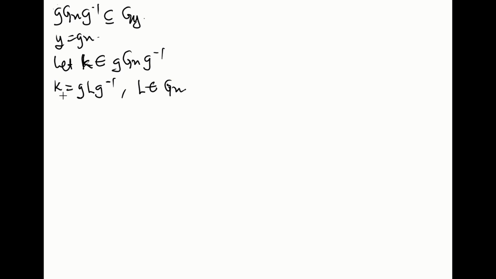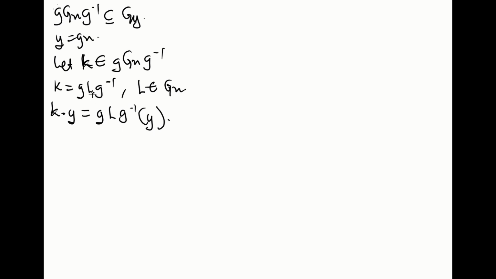So let's try to compose our k with y. Our k composed with y should be equal to what? g l g inverse of our y. Okay, so we have seen that k composed with y is giving us g l g inverse also composed with y.